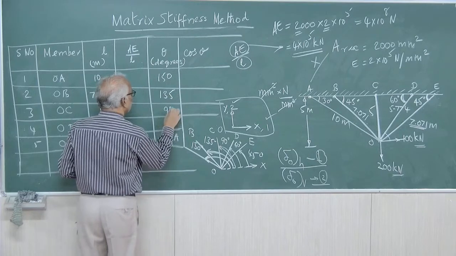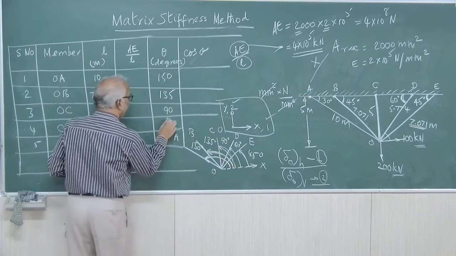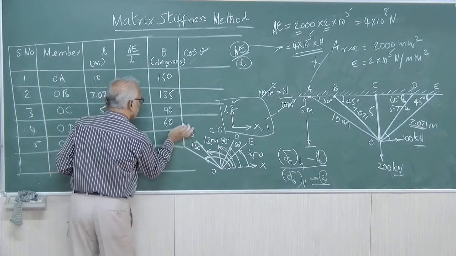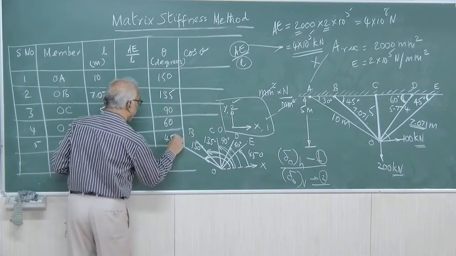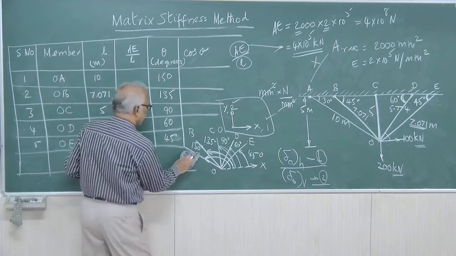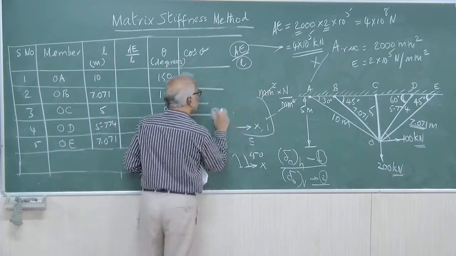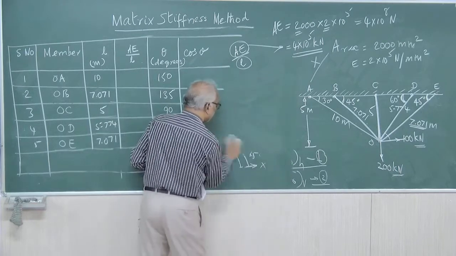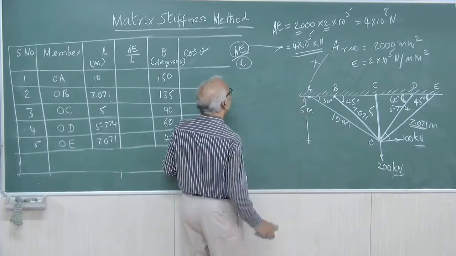For OC it is 90. For OD it is 60. And for OE it is 45 degrees. So these are the values that we have to copy down. Now we can forget about this figure and also the coordinates.